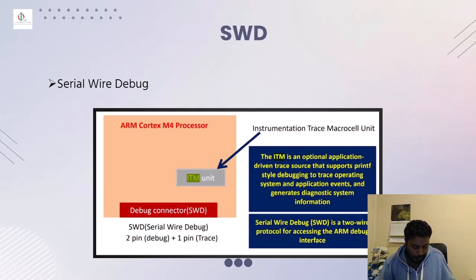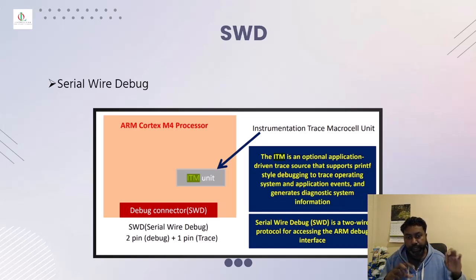Okay, let's talk about serial wire debug. The serial wire debug is the way to program your target board. So ARM introduced this as an alternative to JTAG.